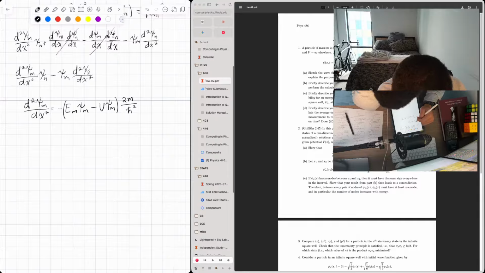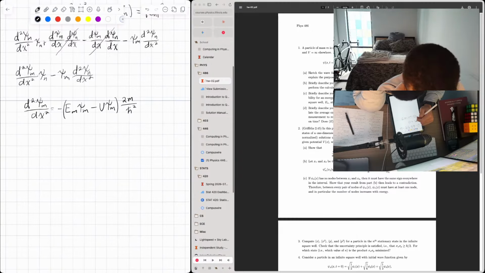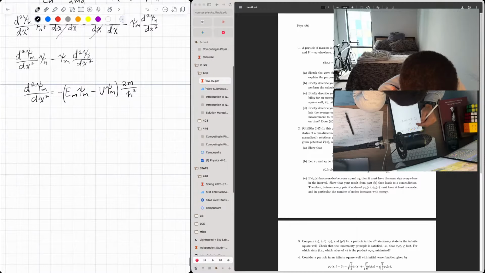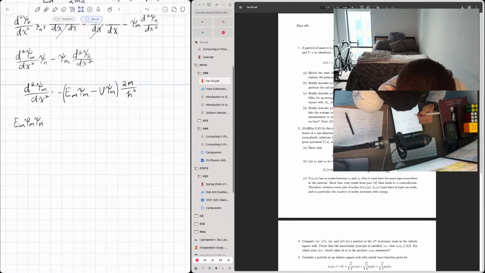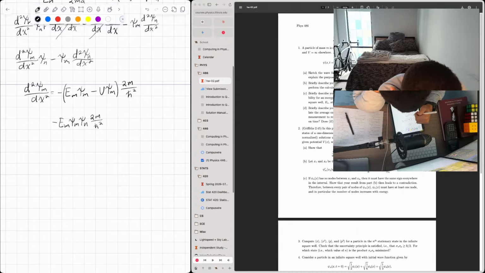The problem is that I'm not getting these potentials to cancel out. Oh, yes, I am. Okay, yes, I am. So you're going to be left with E m psi m psi n. This is a negative. This is a negative. We have 2m by h bar squared. This one is going to be a positive V psi m psi n 2m over h bar squared.